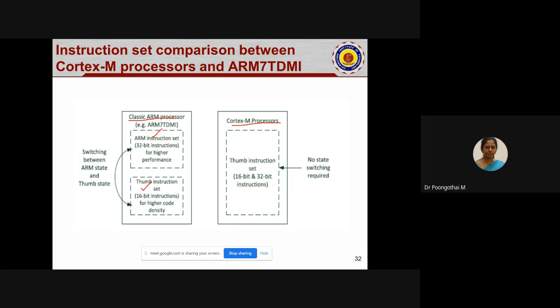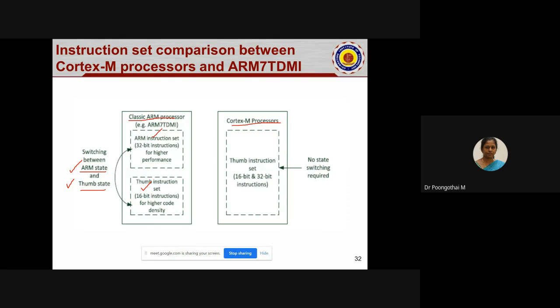Basically this processor operates in two modes, that is, it is in two states: ARM state and Thumb state. ARM state means the processor will execute 32-bit instructions.